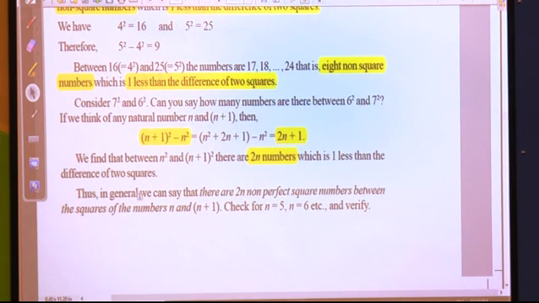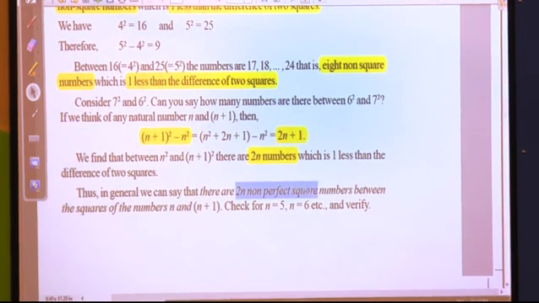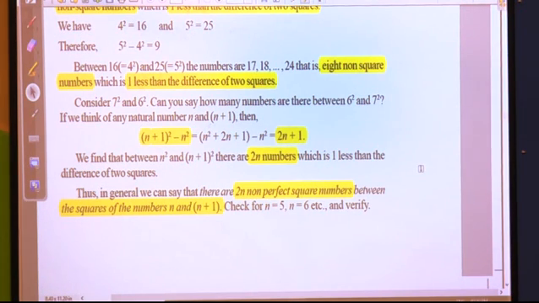Thus, in general, we say that there are 2n non-perfect square numbers between the squares of numbers n and n plus 1. This is the final conclusion. This is the thing that they are explaining to us: in general, there are 2n non-perfect square numbers between the squares of the numbers n and n plus 1.